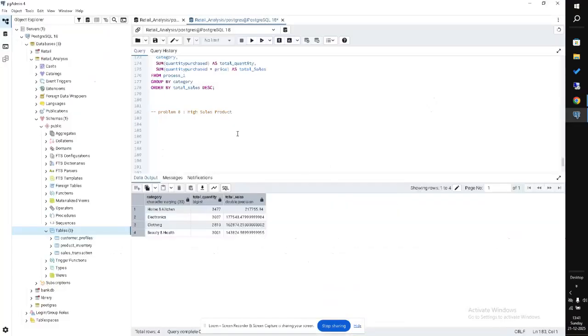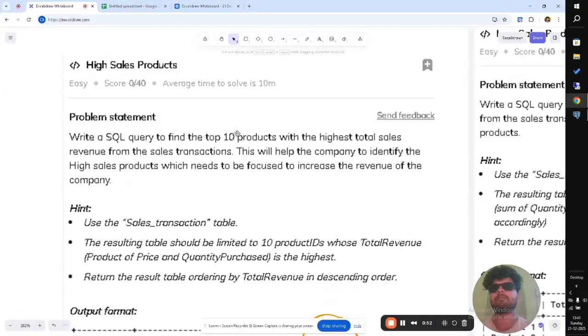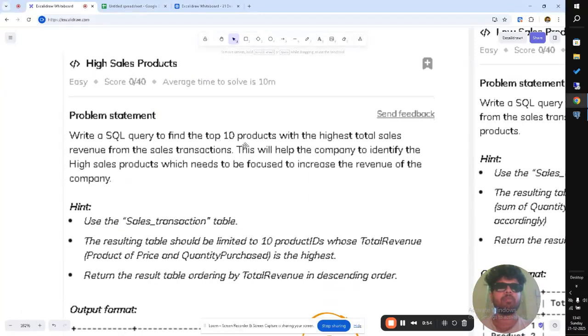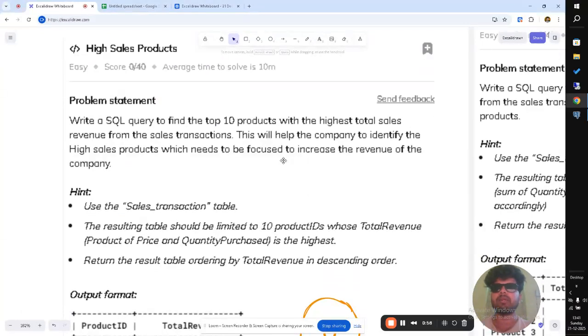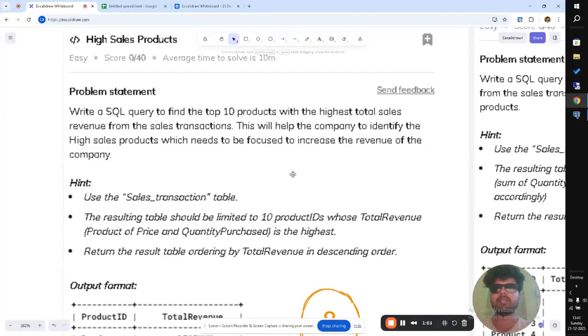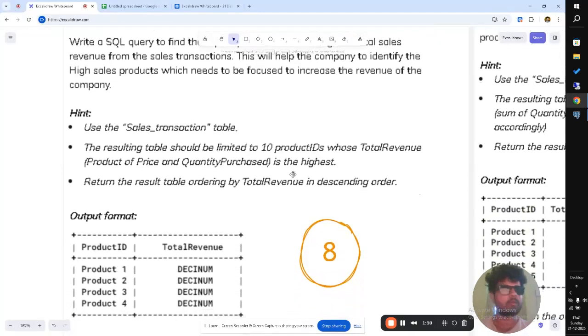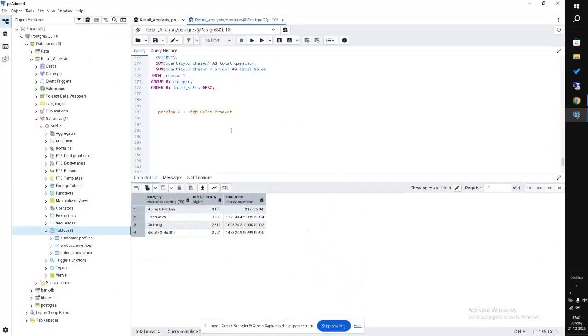High sales product. Okay. Write a SQL query to find the top 10 products with the highest total sales revenue from the sales transactions. This will help the company identify the highest sales products which need to be focused on to increase the revenue of the company. Nothing new. Let's go.